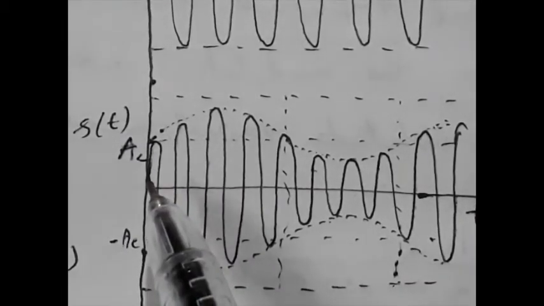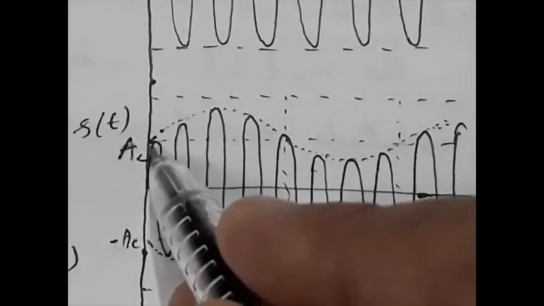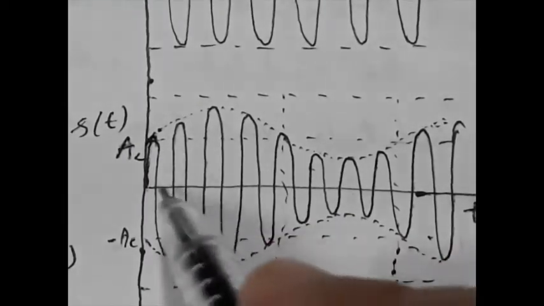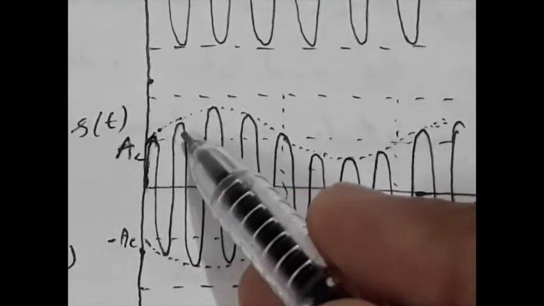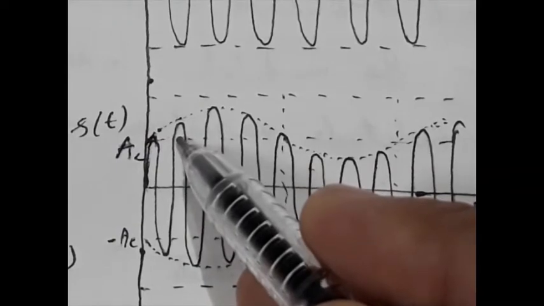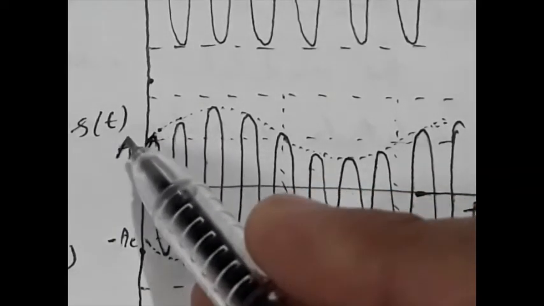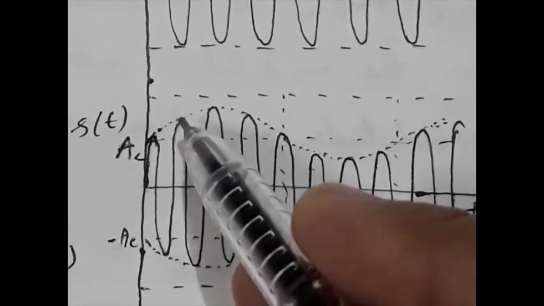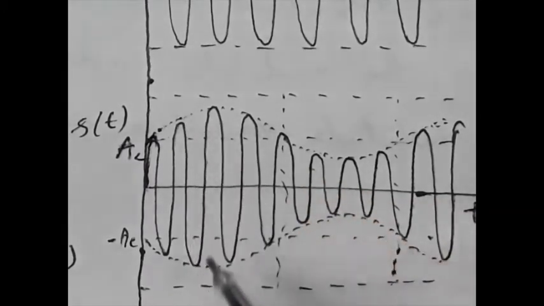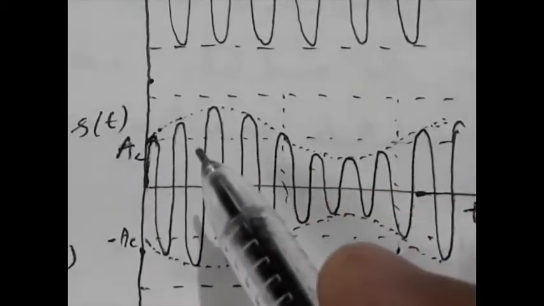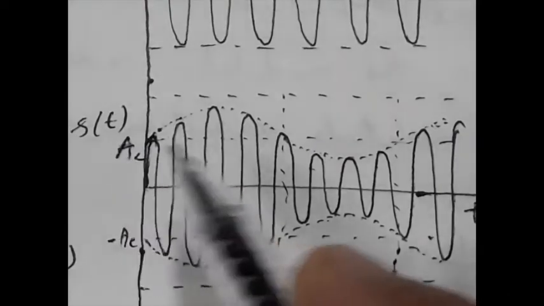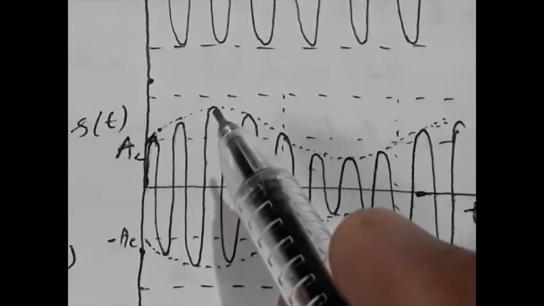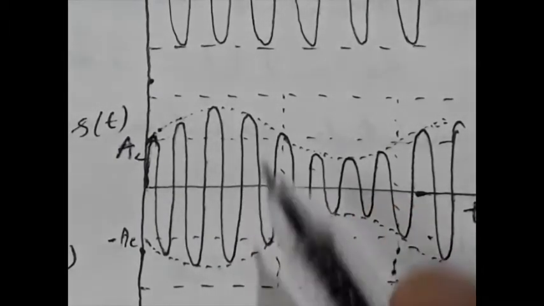So for the first cycle, the amplitude will be this one. For the second cycle, the amplitude will be this one, not the original A_c voltage. Actually it should be A_c, but now it will be slightly higher than A_c. So in this way you fill the cycles of the carrier signal, and the amplitude will vary depending on these two lines.